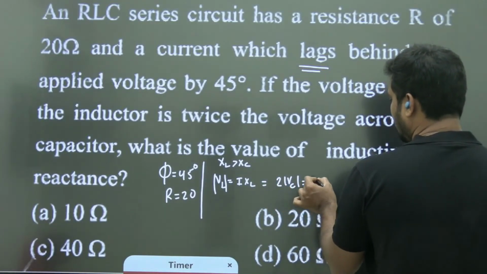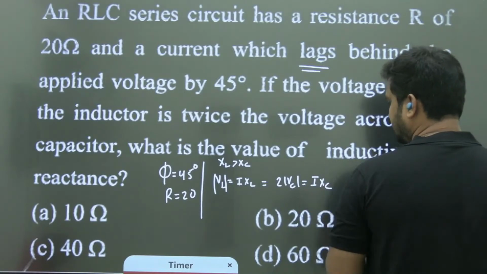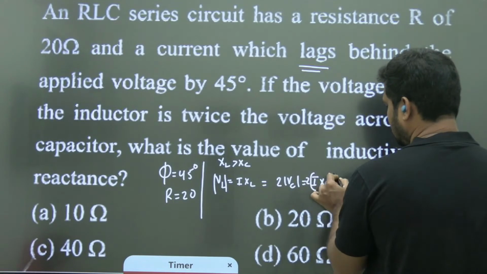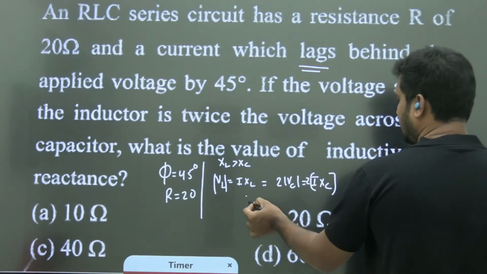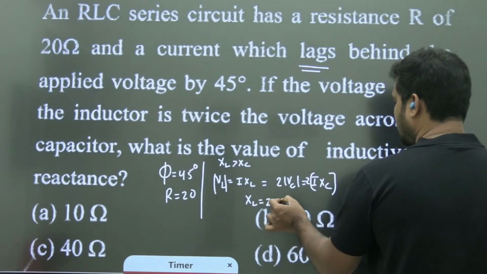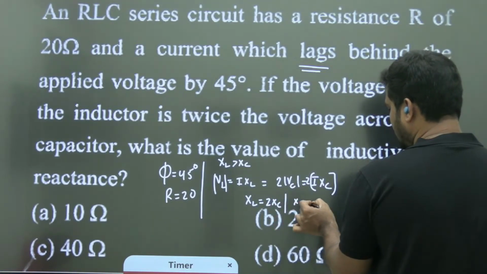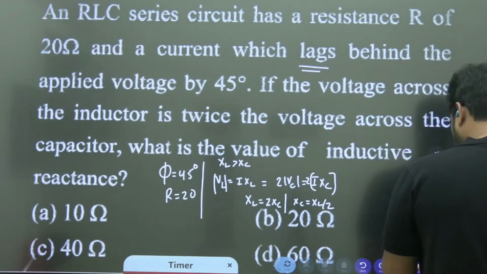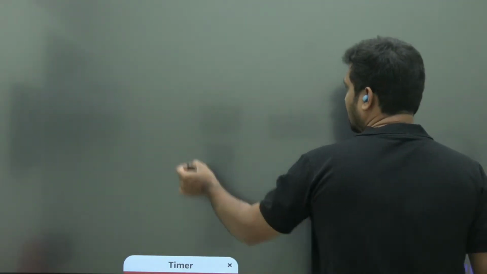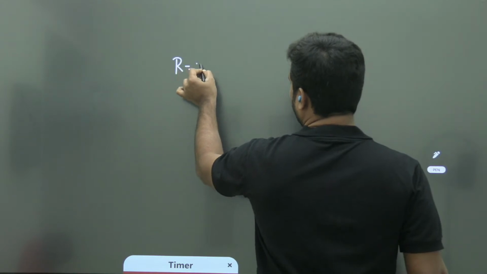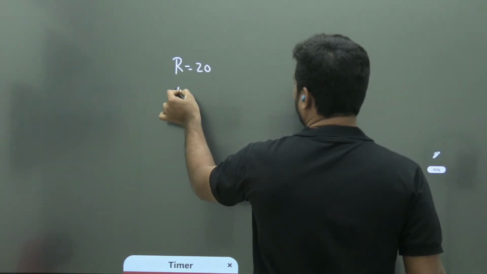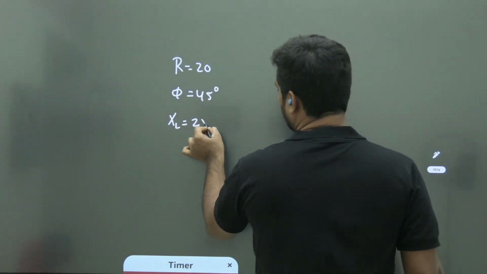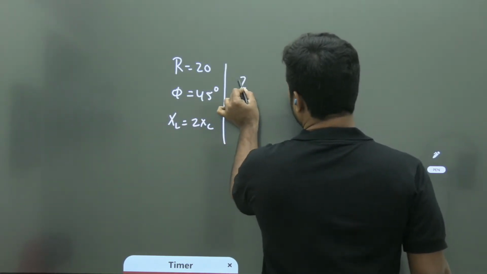That is I XC. So here XL is equal to 2 times XC, or XC equal to XL by 2, is one piece of information. Let's use them and solve the question. R equal to 20, phi equal to 45 degrees, XL equal to 2XC. What is your Z?